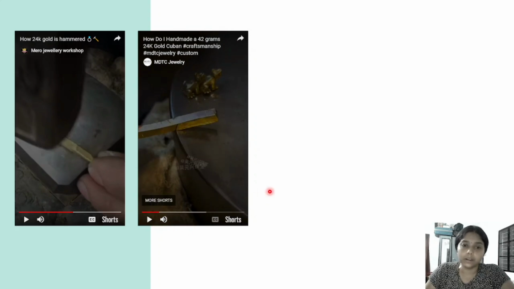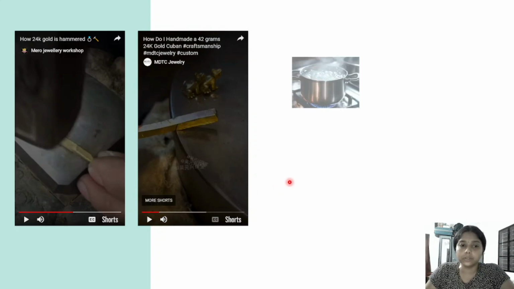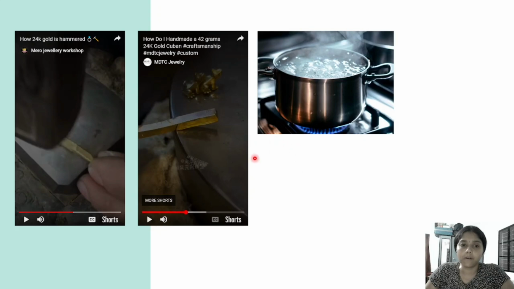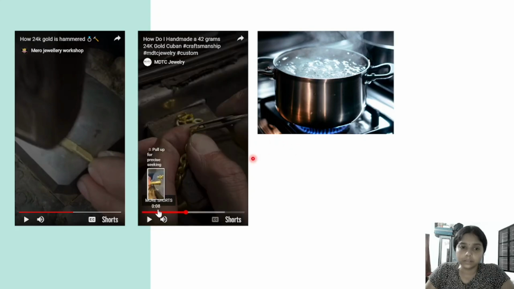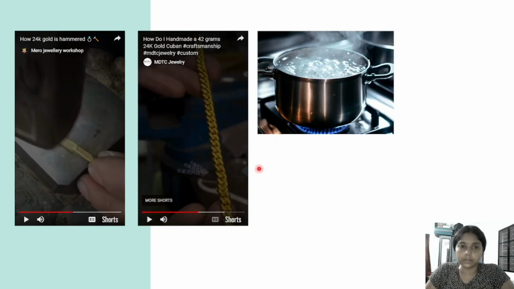Now I'll show you another photo. What is this? Yes, you're right. Water is boiling in a utensil on a stove. Can we touch that? No, right? It's really hot.